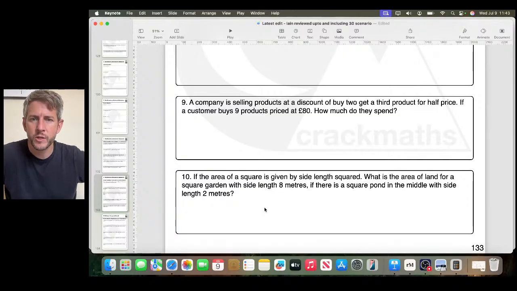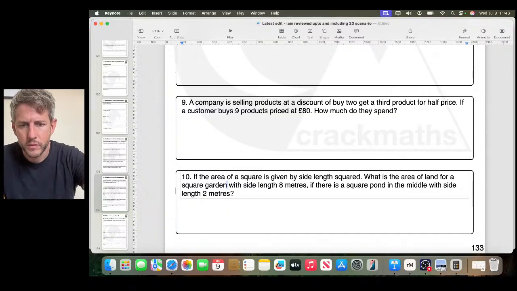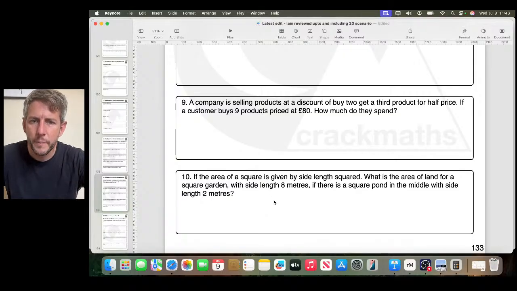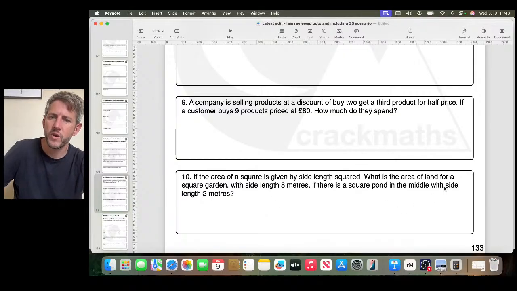If the area of a square is given by side length squared, what is the area of land for a square garden with side length 8 meters if there is a square pond in the middle with side length 2 meters?